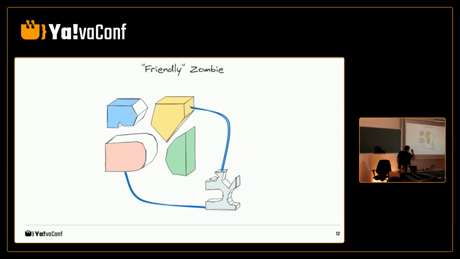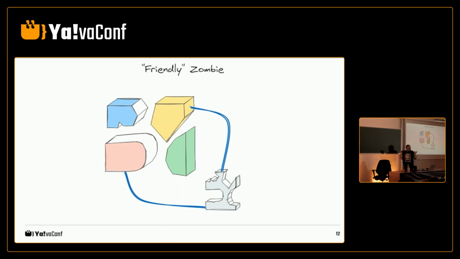But I like this other kind of zombie. This is another pattern, which is more friendly, right? It's a friendly zombie because what's happening? You dissect, and suddenly you discover that there is some set of features and functions which you would like to have, but they don't belong to anyone. Or they don't have clear ownership.